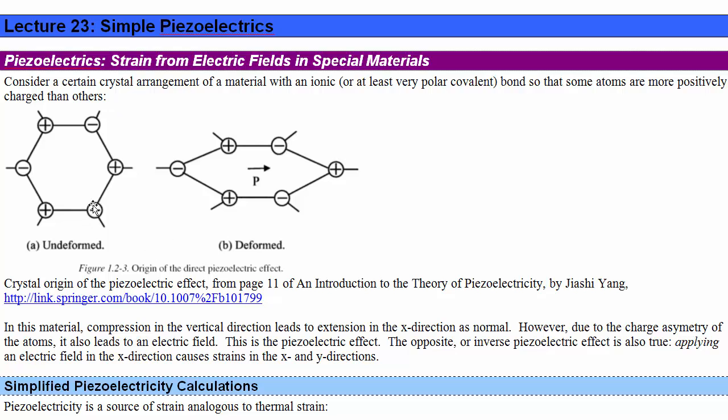Okay, so in these materials, when you deform them, then you cause an electric field to show up. So this moves charge around in such a way that an electric field shows up, which means that you can deform them to get electric fields, or you can apply electric fields to cause deformations. In short, the electrical and stress fields are now coupled to the strain.